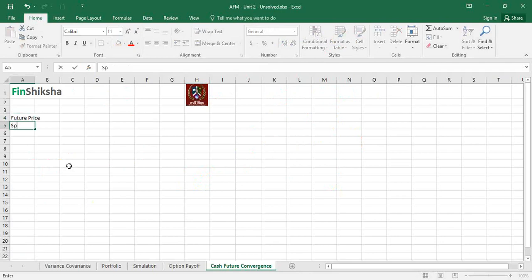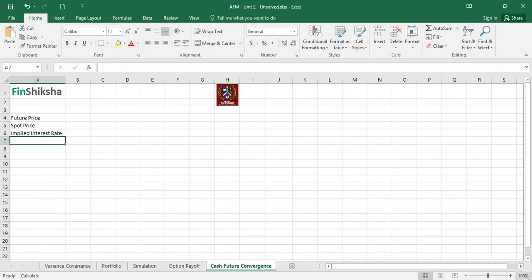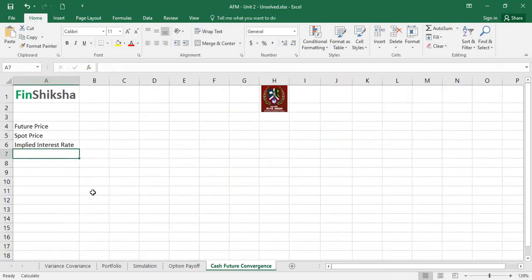Let's put in the spot price. Let's first calculate the implied interest rate using these two data points. Then we're going to say days to expiry, which can be calculated from the expiry date.